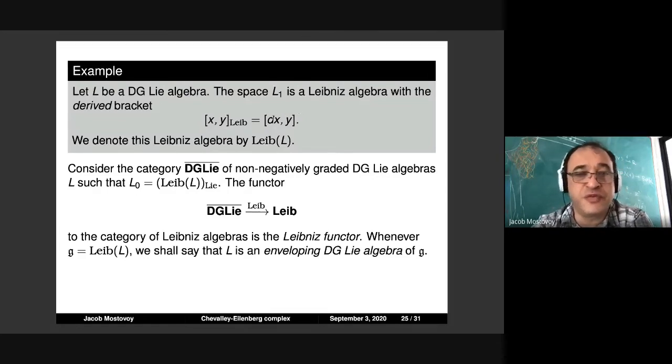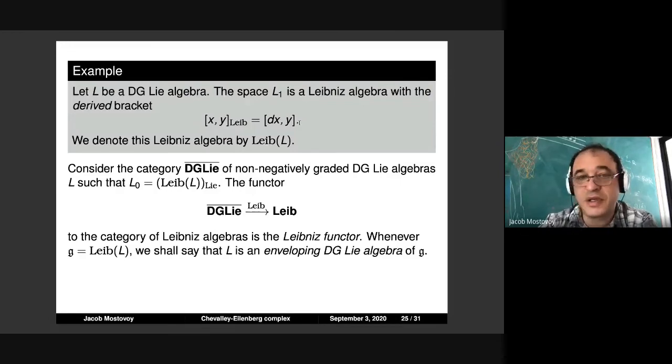You have a derived bracket, defined in this way. On the left-hand side you have the Leibniz bracket. On the right-hand side you have the bracket in the differential graded Lie algebra. And it turns out that every Leibniz algebra is obtained in this way.